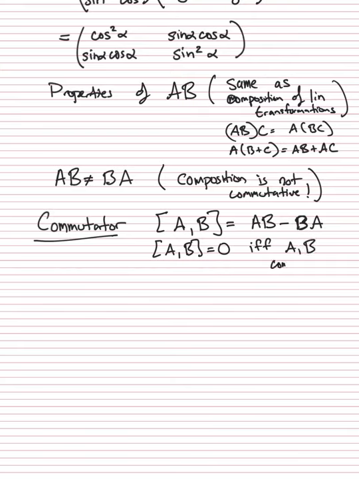Okay, so if you look at the commutator and you get 0, then AB is BA. So it's a useful way to measure, in some sense, how much certain matrices don't commute. If you have a very complicated commutator, then they really don't commute, and if the commutator is somehow getting simpler, then maybe they don't commute, but it's not too bad. Okay, so let me just do a fun example.